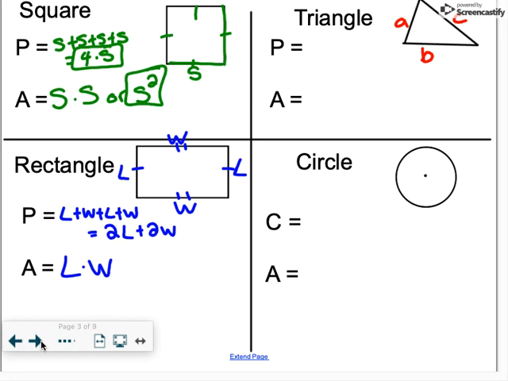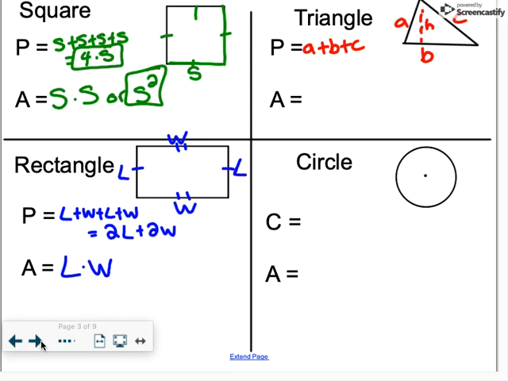Right, to find the perimeter of a triangle, we're just going to add all 3 sides together. A plus B plus C. What we also have in a triangle that's key for us is the distance here that we call the height of the triangle.